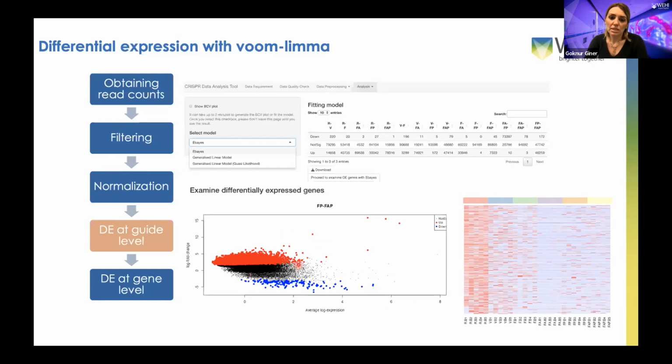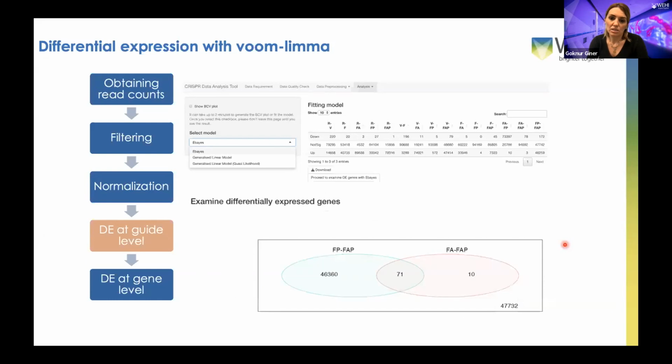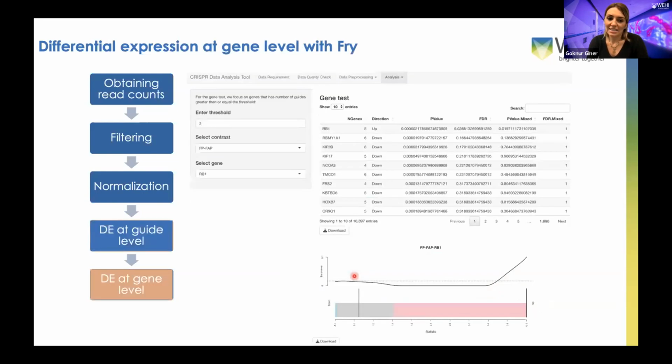And you can see an MD plot. You can produce a heat map. And you can also produce a Venn diagram, giving you the intersection between two different comparisons. And lastly, you can also run differential expression at gene level.